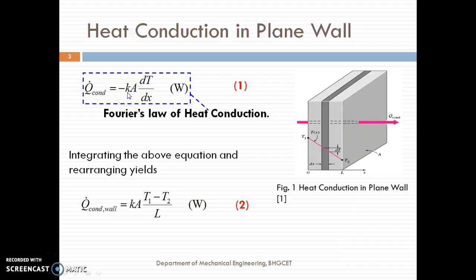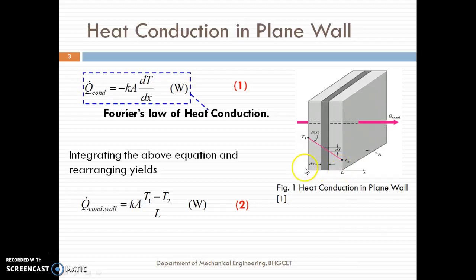K represents thermal conductivity of the material, A the area normal to the direction of heat transfer, and dT/dx represents the temperature gradient, where dT is the difference of temperature and dx the thickness of the plane wall.